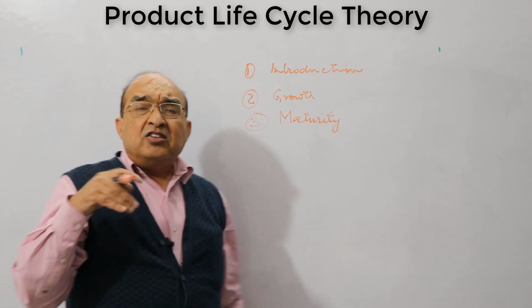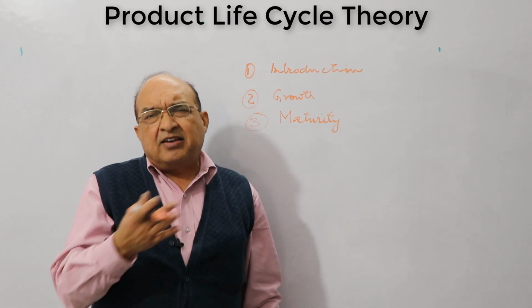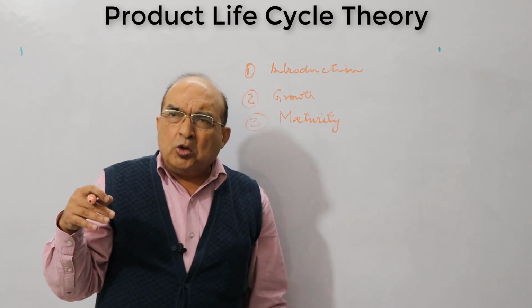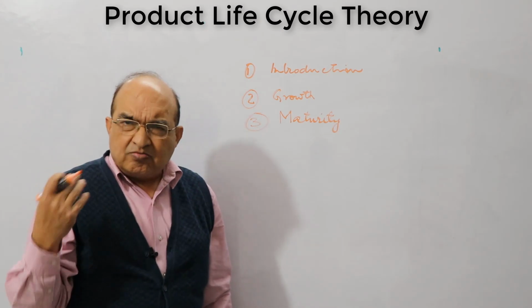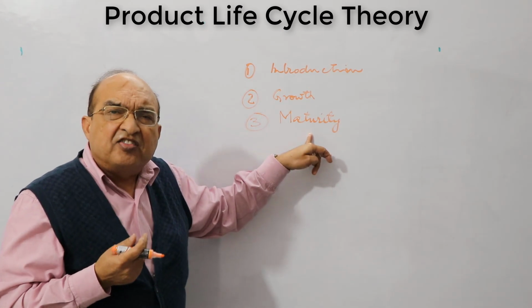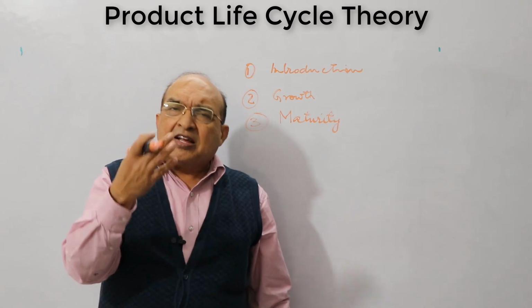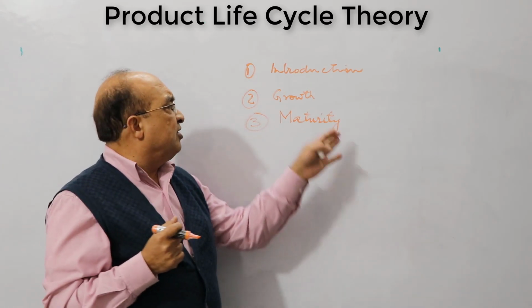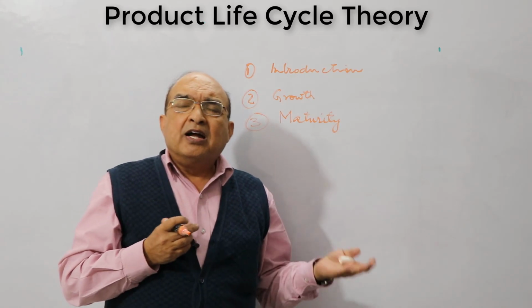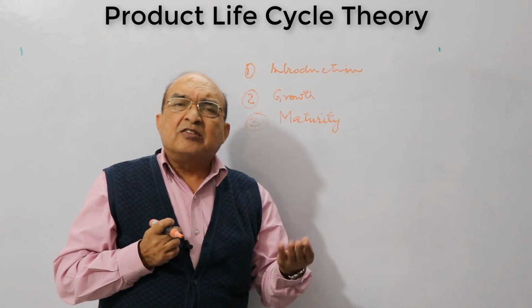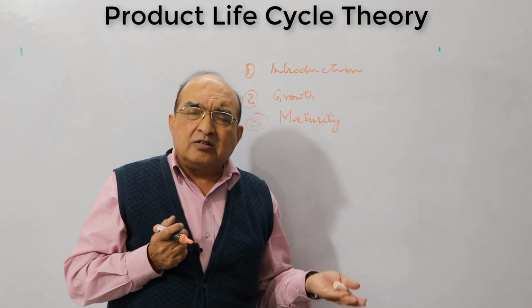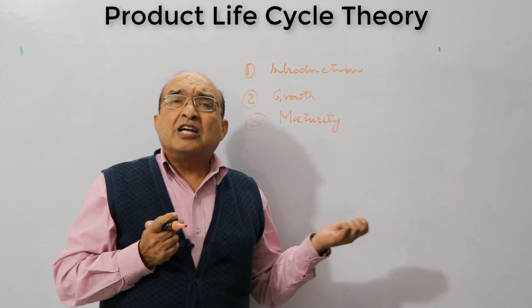Then this technology proliferates, it becomes known, and many new companies come, even in the maturity stage itself. They also start producing, if not exactly the same kind of good, because that good might be protected by patent or intellectual property rights.